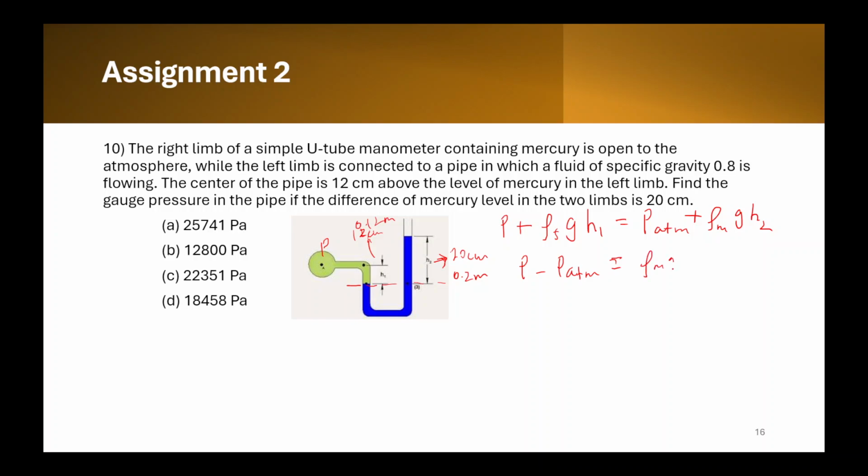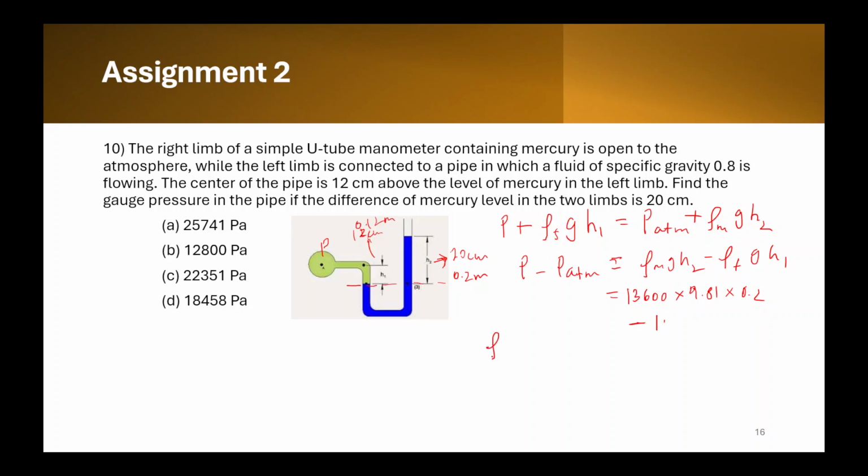So rho m g h2 minus rho f g h1. If we put in the values here, 13,600 into 9.81, as it's not given here to take acceleration due to gravity as 10 meter per second square, so it will be 9.81. h2 will be again 0.2 minus, so here again the specific gravity is given to us.